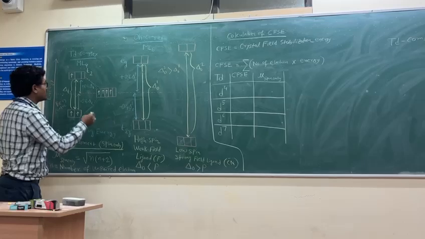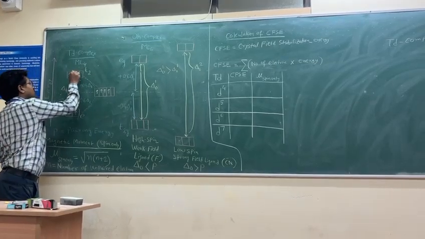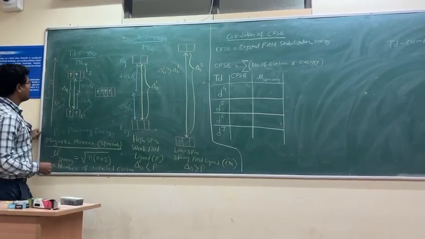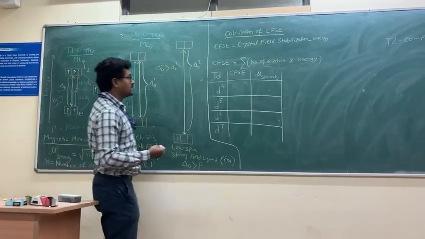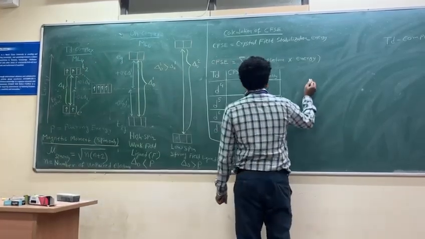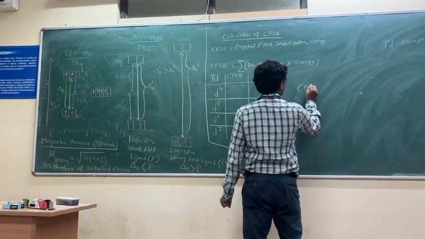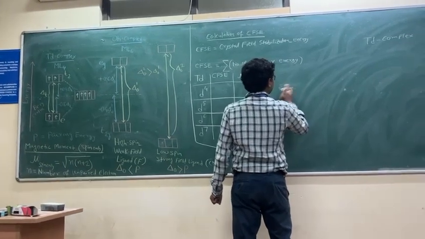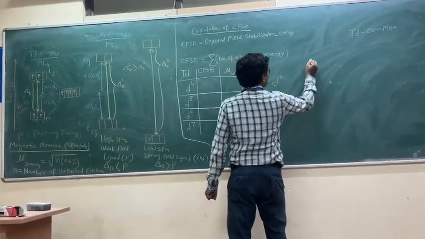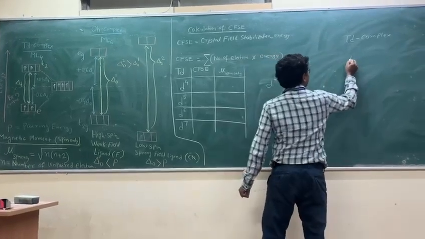So the fourth electron will come here. Right? Fourth electron will come here. The same way, if we calculate CFSE value for D4 system, we have to write E and T2.